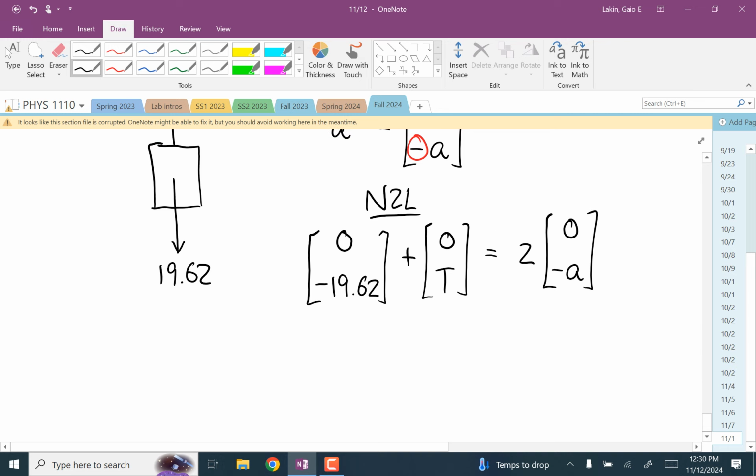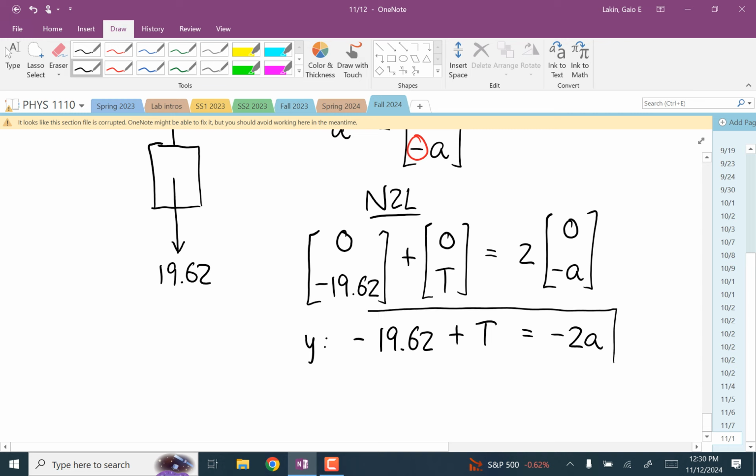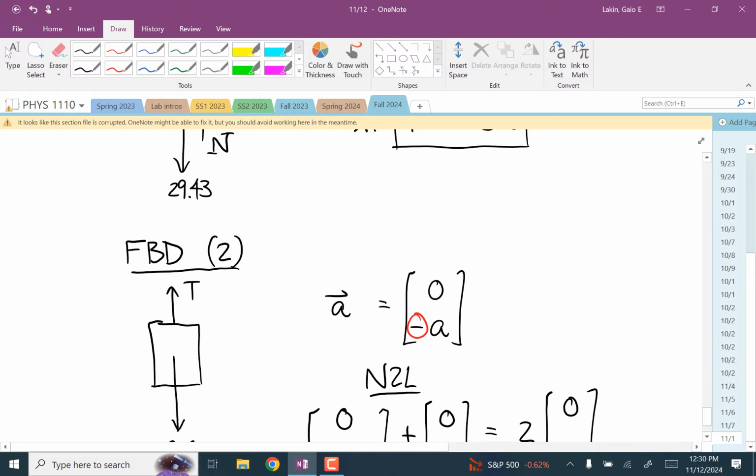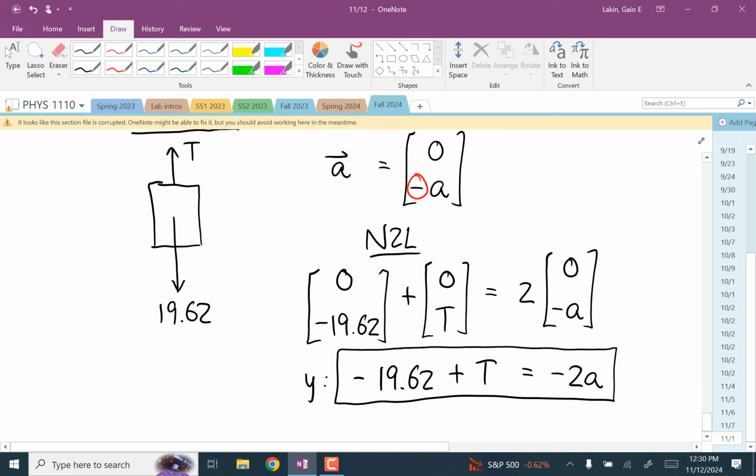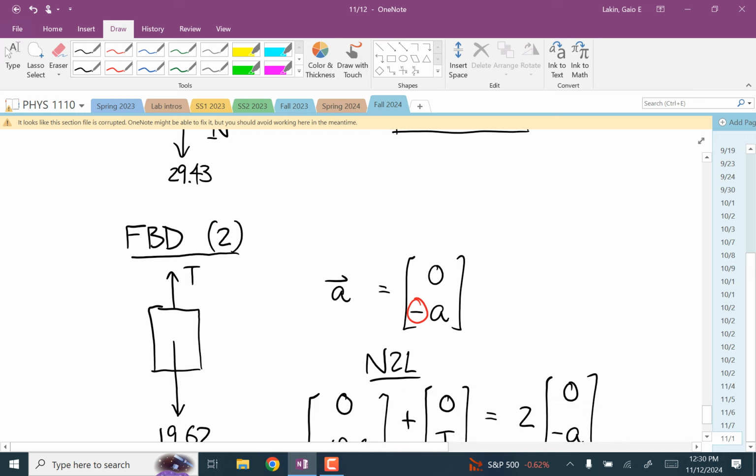The x equation clearly doesn't help at all, so we're just going to use the y equation, and that says negative 19.62 plus T is equal to negative 2a. And now the two equations that I have boxes around are a system of two equations for two variables. So I'm going to use this first boxed equation and replace the T in the second boxed equation with 3a.